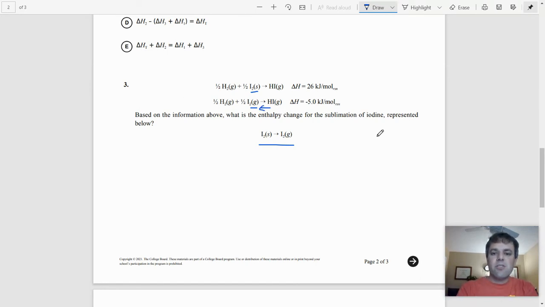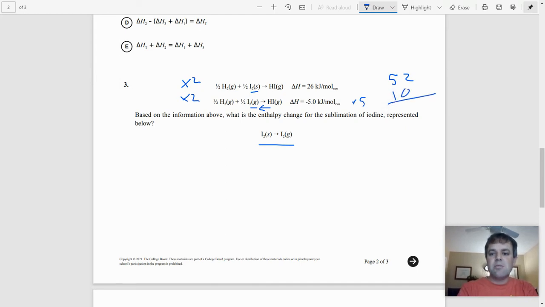If you reverse a reaction, you change delta H to positive 5 kilojoules per mole. And then we need to double everything. So this would become 52, and this would become 10.